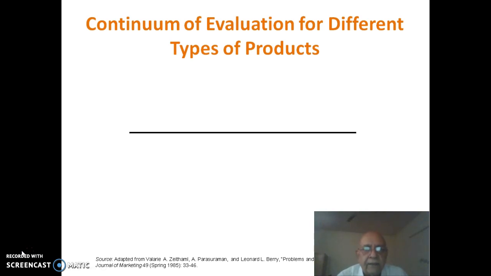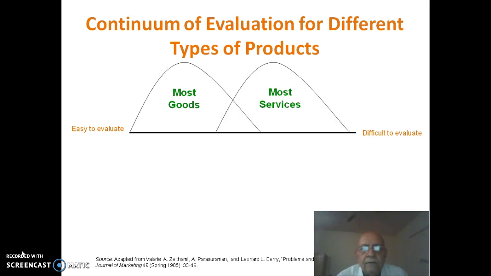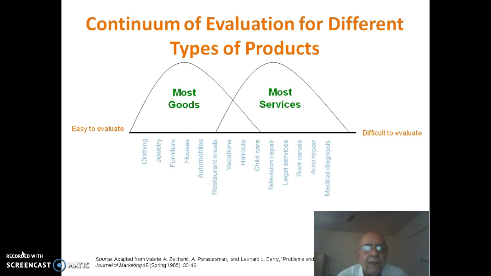This is the datum. We have on two extremes the easy to evaluate and the difficult to evaluate. From here we move on to saying that most goods are easy to evaluate, whereas most services are towards the difficult end of the datum. This is the scenario more or less understood by all of us.